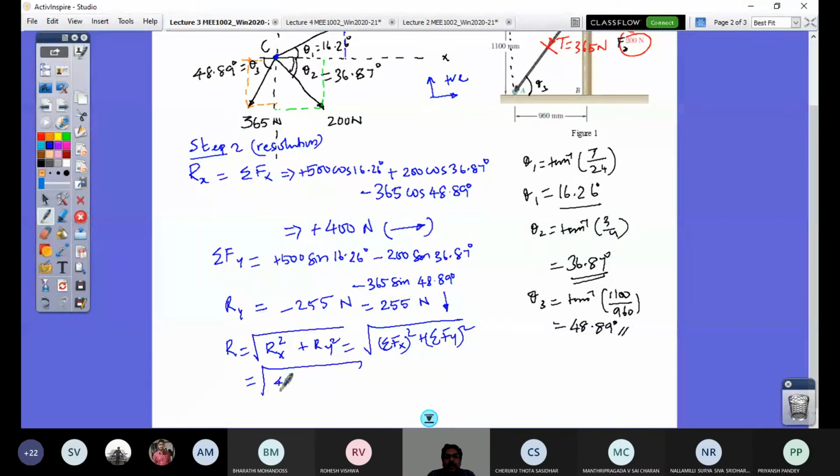Rx is 400, so 400 squared plus 255 squared, I would get my resultant magnitude. The root of the answer is 474.37 Newton. So this is my resultant R.